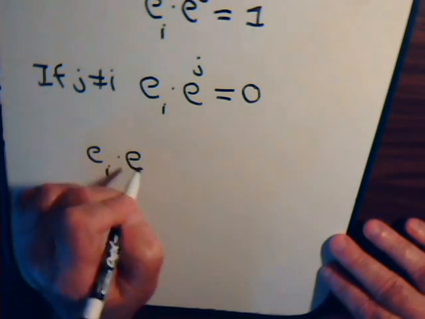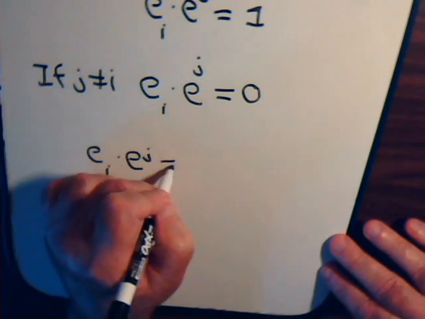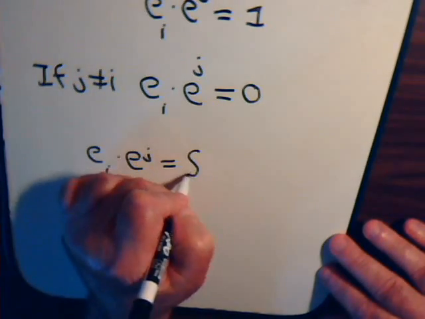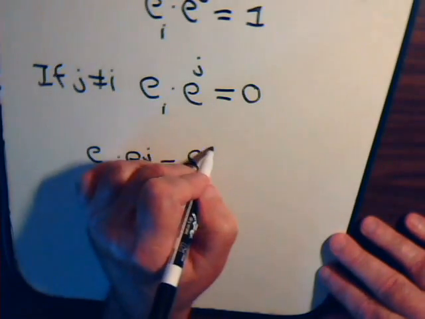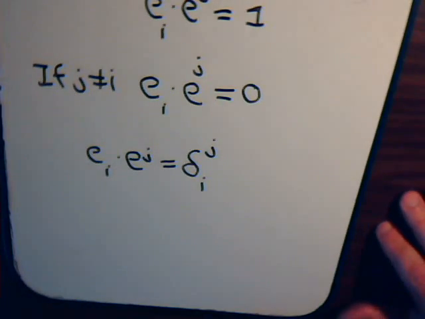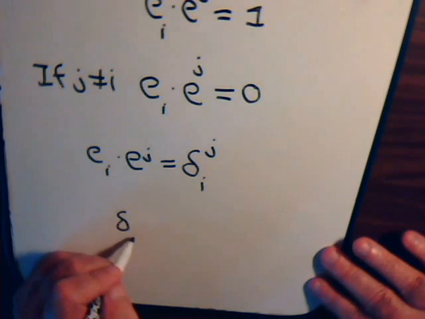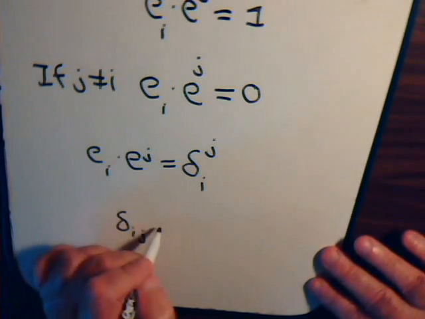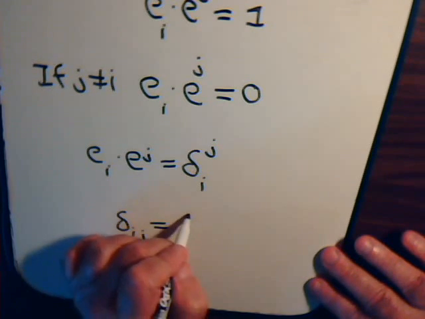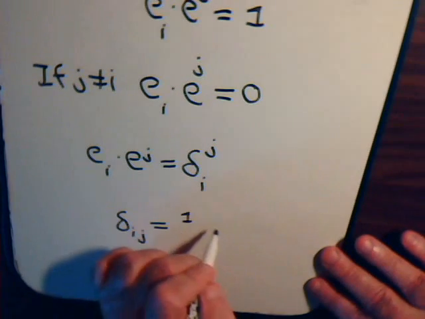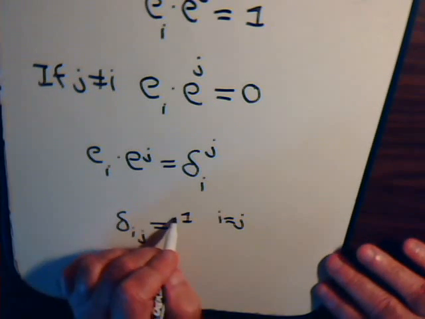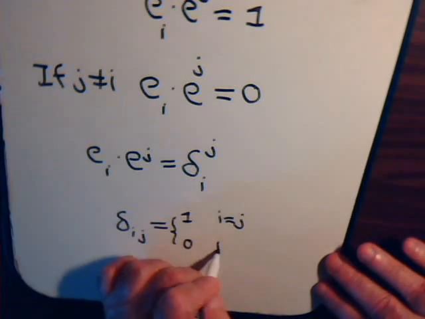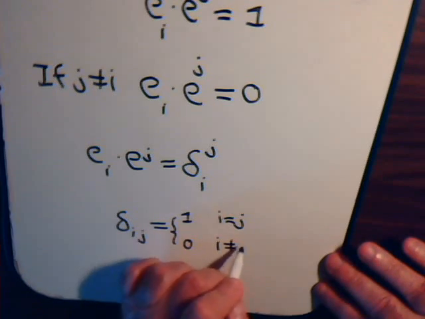So we can express this like this, saying that e_i dot e^j equals the Kronecker delta. Then you write it like this, delta_i^j. Now you probably have seen the Kronecker delta written before, where it's delta_ij, where that equals 1 when i equals j, and that equals 0 when i does not equal j.